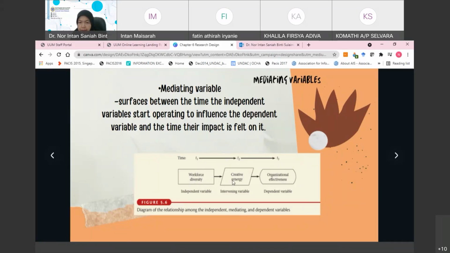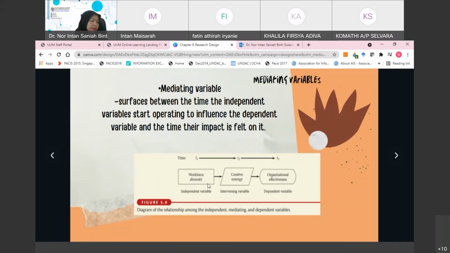It is like a booster, or catalyst, what in the military we call a pemangkin. This is the dynamic of the relationship as we see here.